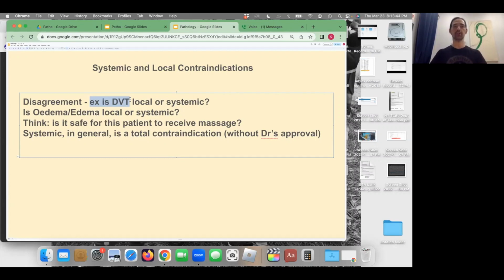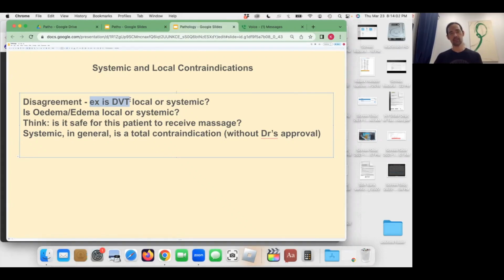And the question should always be in your mind: if I work on this person, is it possible I could do harm? Our imaginations can do a lot. We can go down the rabbit hole and run wild with our imaginations. But if you try to do things a little bit logically, if someone has a thrombosis and I increase their blood flow, it is possible that we could dislodge that thrombosis and it could become an embolism, a traveling blood clot that's going to end up in the heart or lungs.